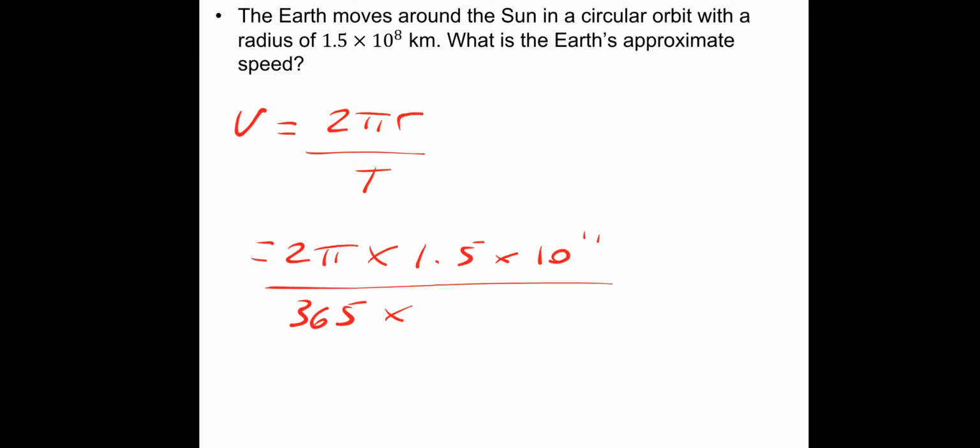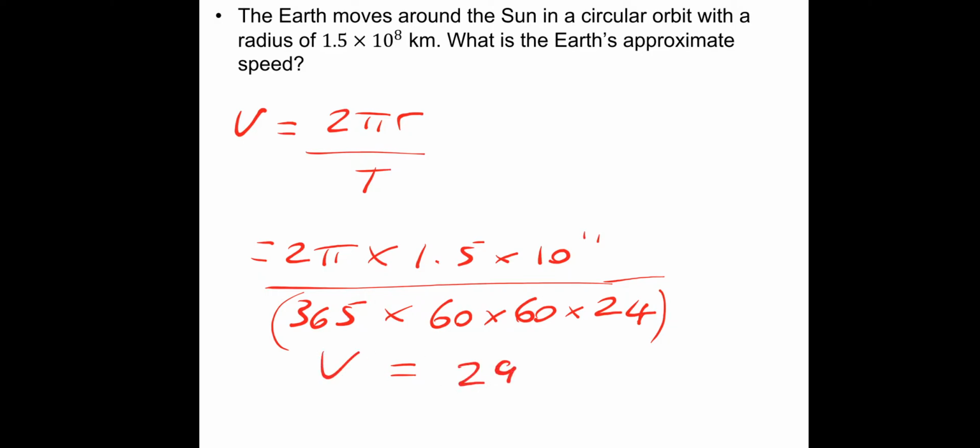And that comes from, I'll do the full thing: we've got 60 seconds in a minute, 60 minutes in an hour, 24 hours in a day, which gives the 86,400. That gives a velocity approximately equal to 29.9 kilometers per second.